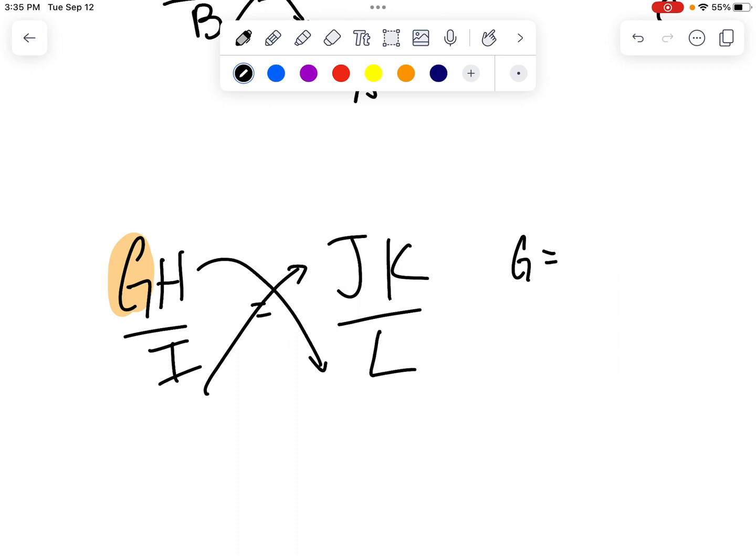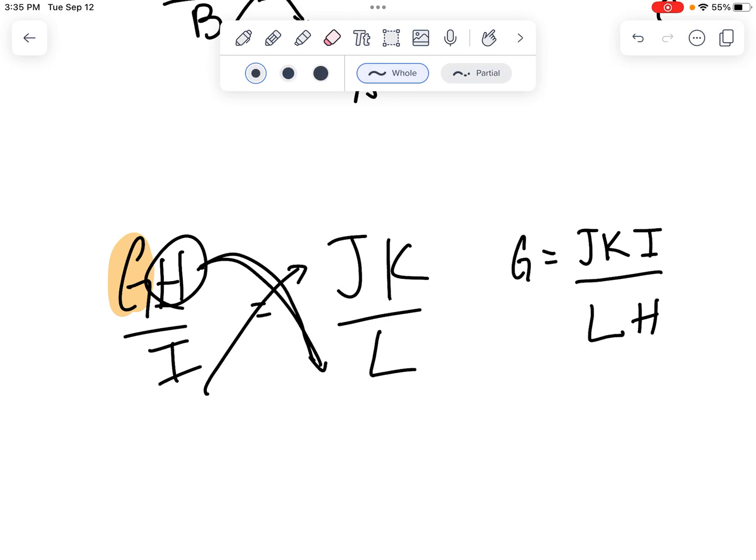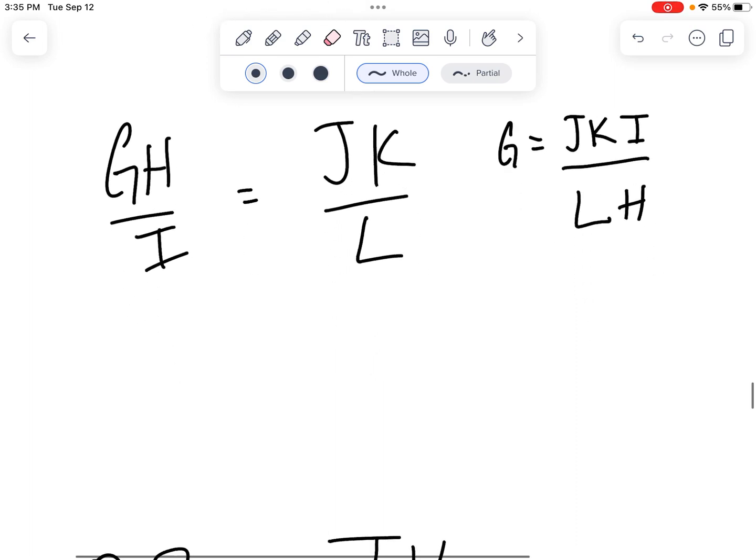So my G would be equal to JKI, because my I went and crossed the equal sign, divided by L, and then I have my H goes in the denominator because it followed this path, right? And so I can really reorganize my formulas fairly easily, as long as they only had multiplication and division.